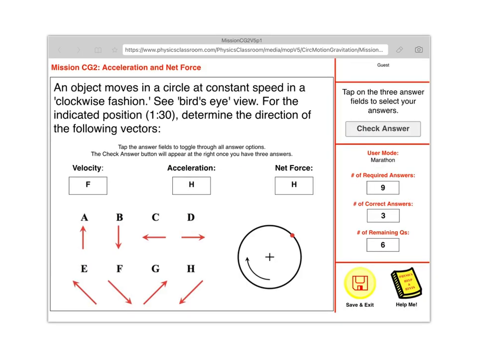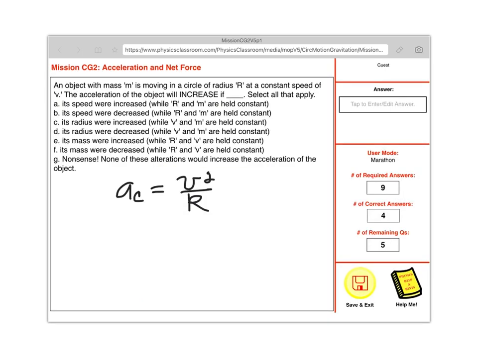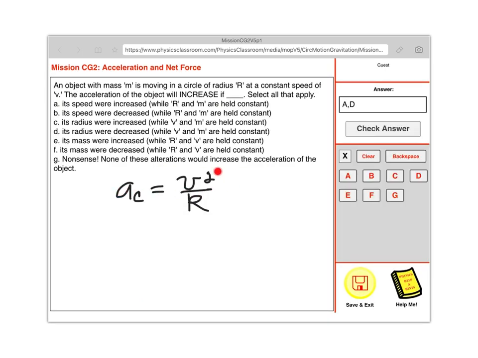Following what we talked about earlier, you can see the answers I selected. Just check to understand why they're correct. So use this equation that gives us what the centripetal acceleration depends on.